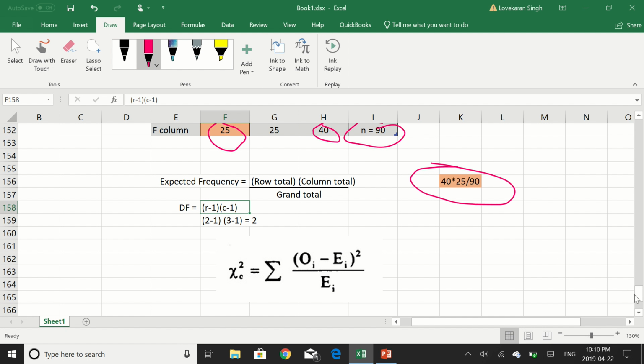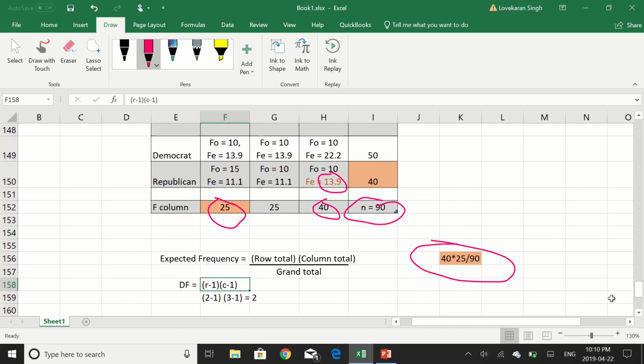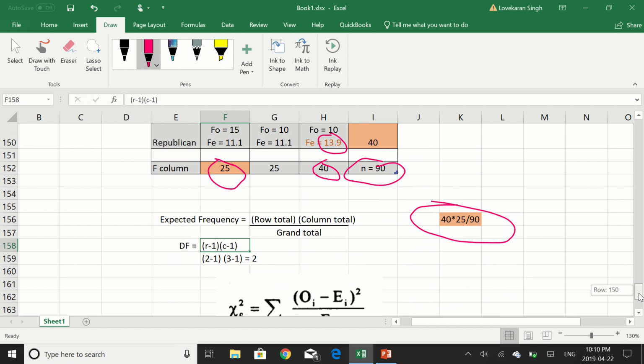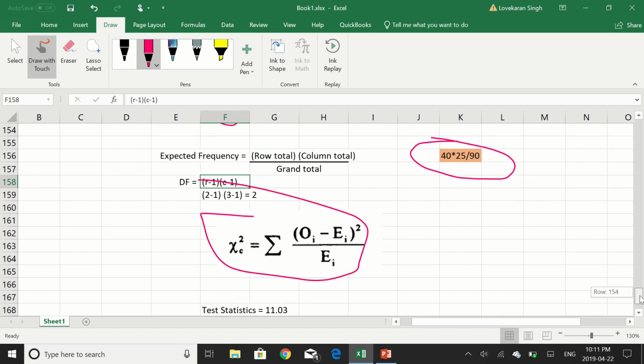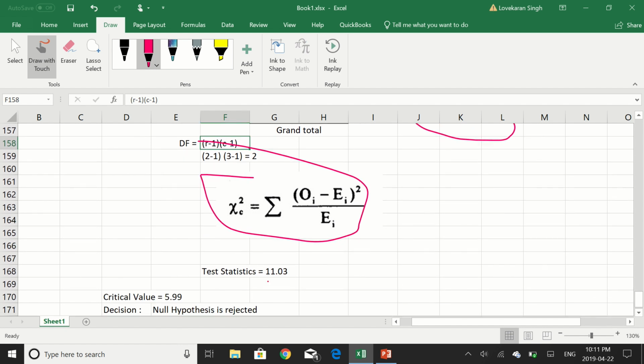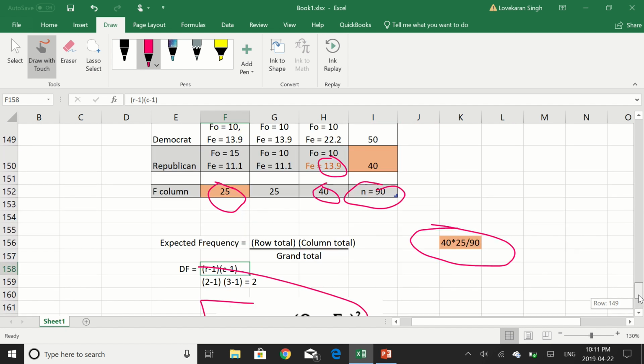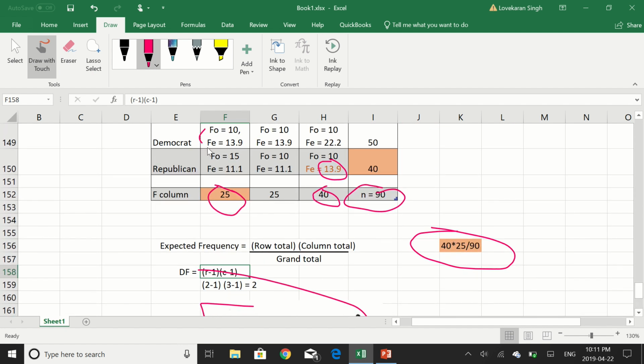Our number of rows was 2 and number of columns was 3, so our answer will be 2. After using the same formula again, we can find our answer, and that will be 11.03. We find it using all of these given data and adding them all together.